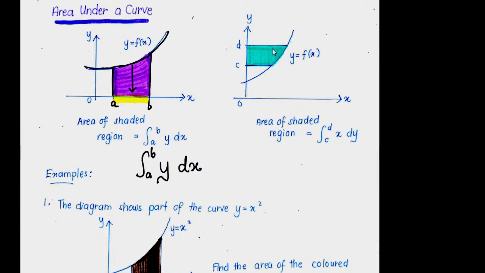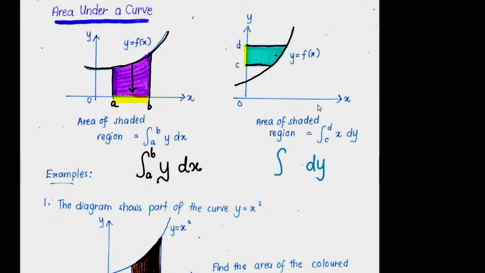Next one. Let's say this is your curve and then your area is going towards the y-axis. You can see the green color shaded part. This one is going towards the y-axis, which means for your formula, you write down the integral sign first. Straight away you write dy.